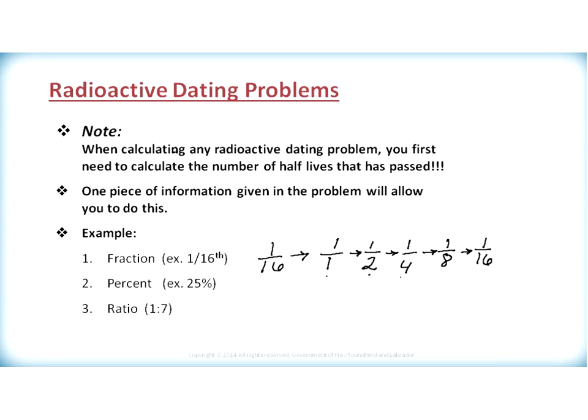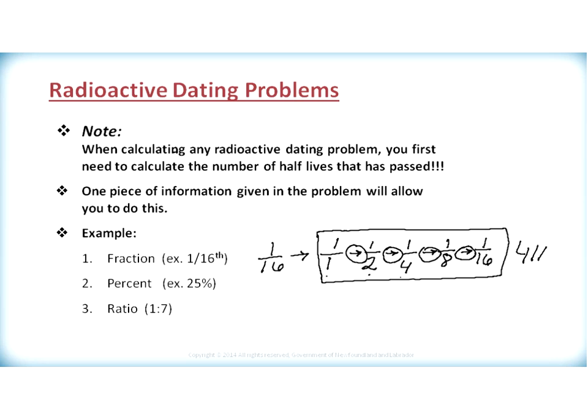So in order to figure out the number of half-lives that have taken place, we look at the number of arrows. If we count the number of arrows, 1, 2, 3, and 4, the arrows will tell us that this sample has undergone 4 half-lives. That's how we would use a fraction to determine the number of half-lives that passed.